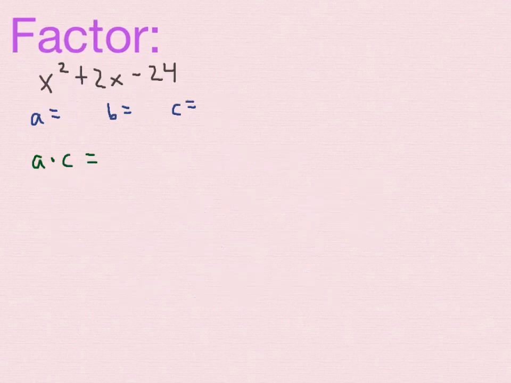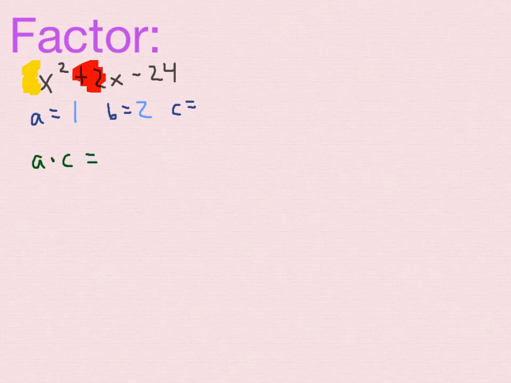Let's try another one. Again, identify your a, your b, and your c. Remember that a is coming from here, so your a is 1. Your b is coming from here, so b is 2.